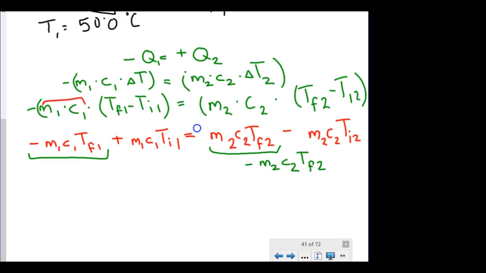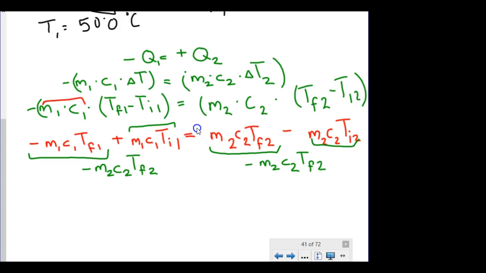What I do to one side, I must do to the other side. I am also going to move the initial so that it is on the same side as this one, which also uses initial temperature data.